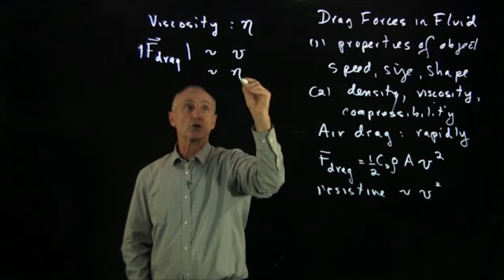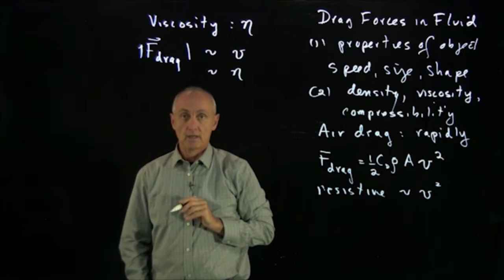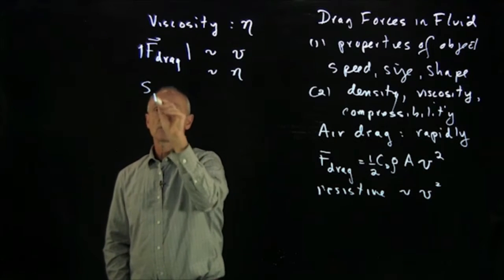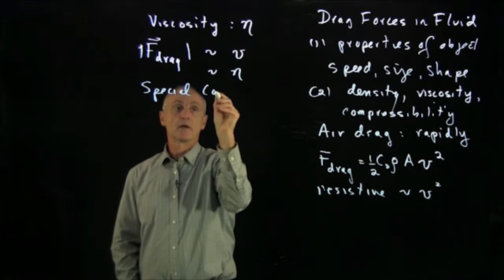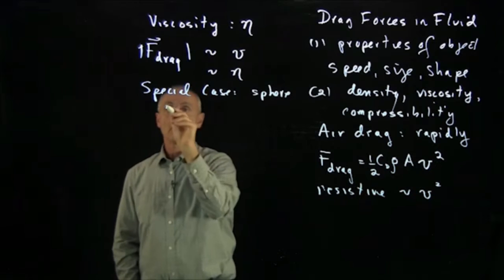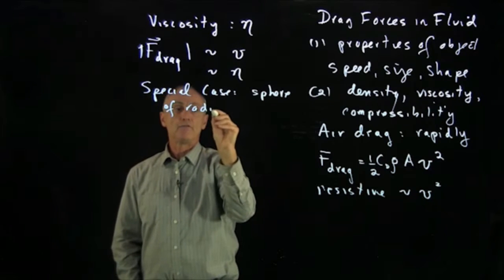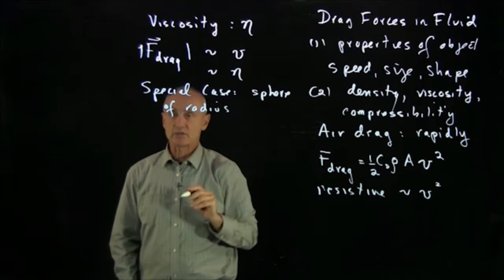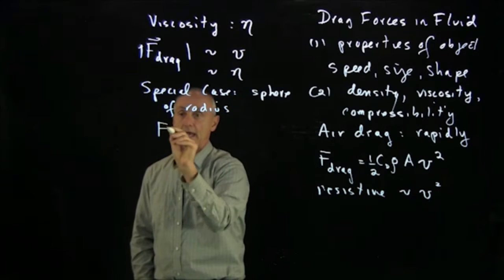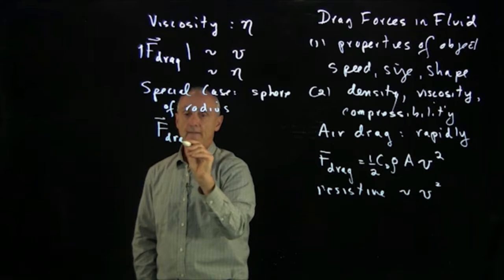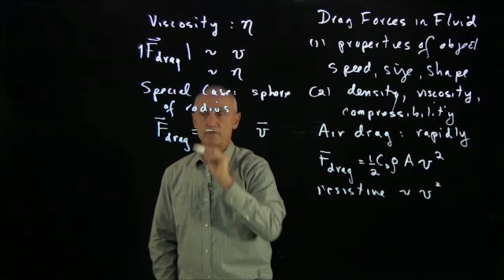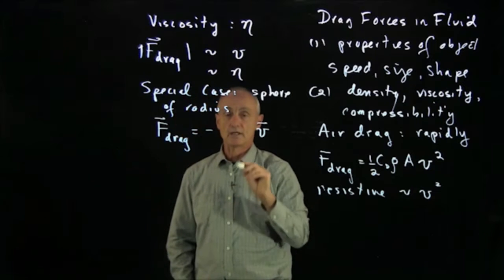And now, for very special cases, so for the special case, which is a sphere of radius r, if you study fluid dynamics, we can get an exact solution for this drag force, and we'll describe that as it's going to be opposite the direction of the velocity, so there's a minus sign.